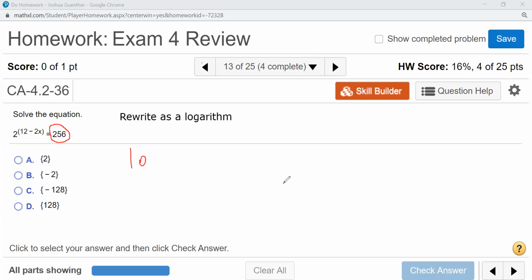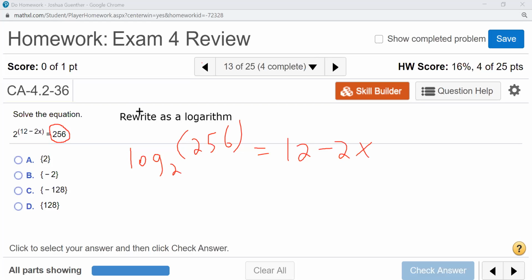That's going to be the log base 2 of 256 equals 12 minus 2x. And then that one's not so bad. We can do the log base 2 of 256.